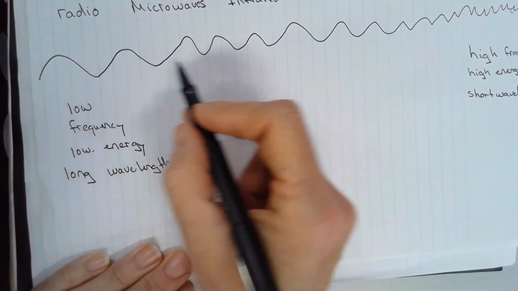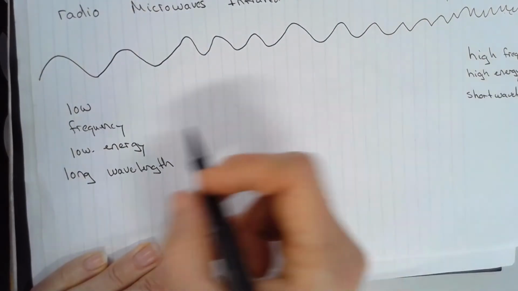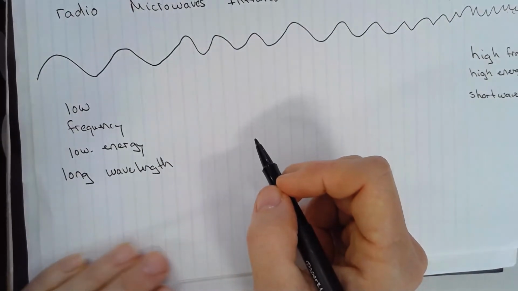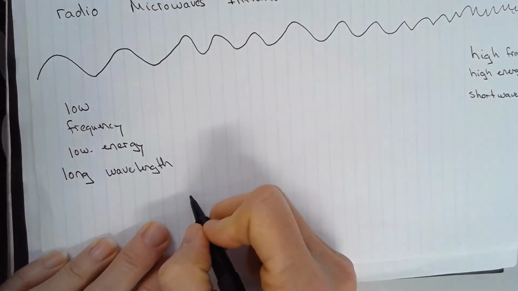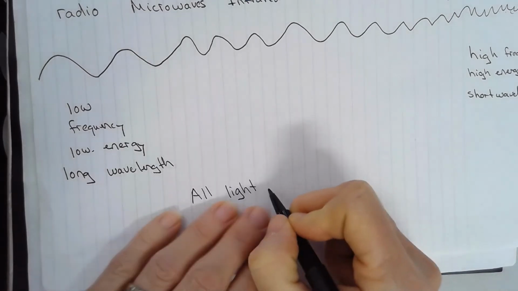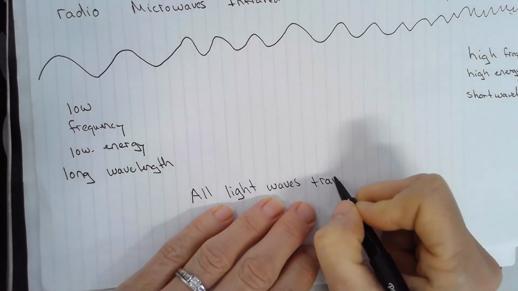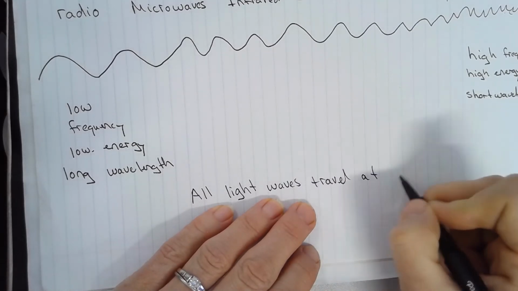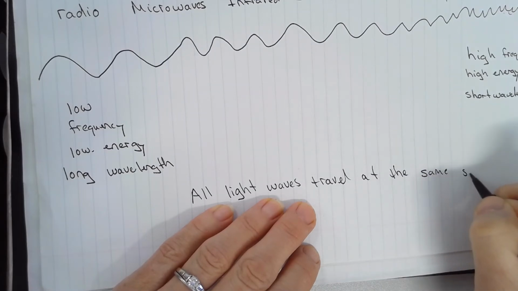All of these are light waves. They're all transverse waves, and all of them travel at the same speed. So all light waves travel at the same speed.